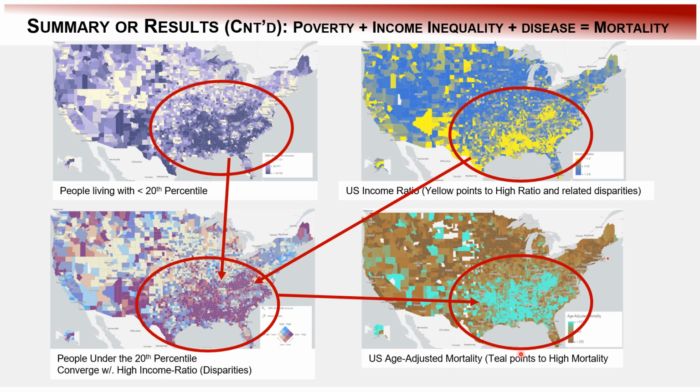Then we look at age-adjusted mortality on the bottom right map, where the teal color points to high adjusted mortality. All three conditions point to the same geographical spot, and that's where the map on the bottom left points to the concurrence or convergence of people living under the 20th percentile with high income inequality and related disparities.